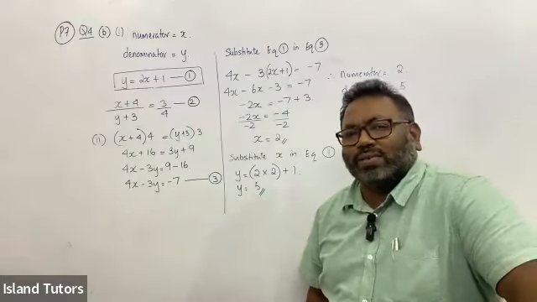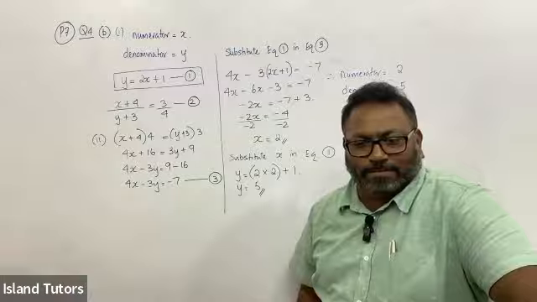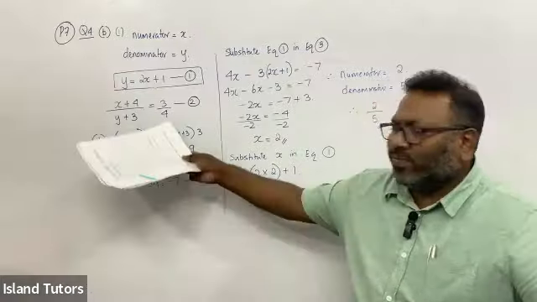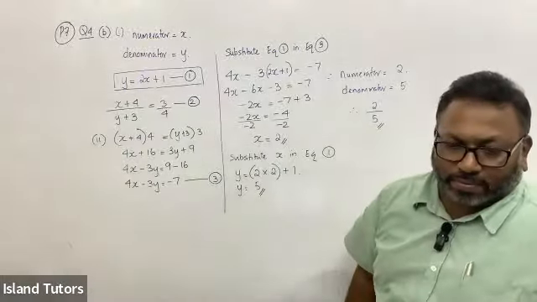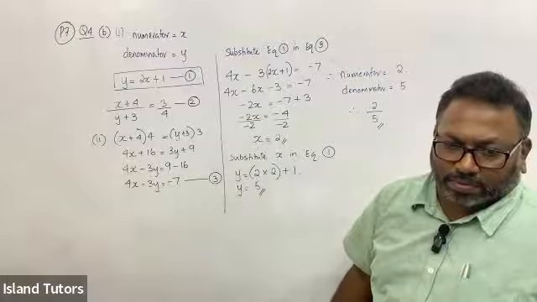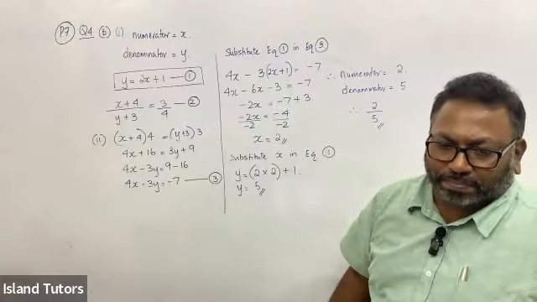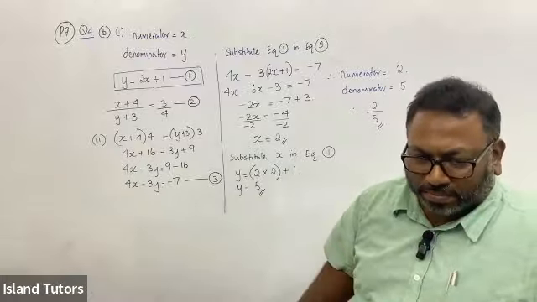How are you going to get the answer without the methods? Without doing these workings, how are you going to get what is x and what is y? You have to show the method, step by step.